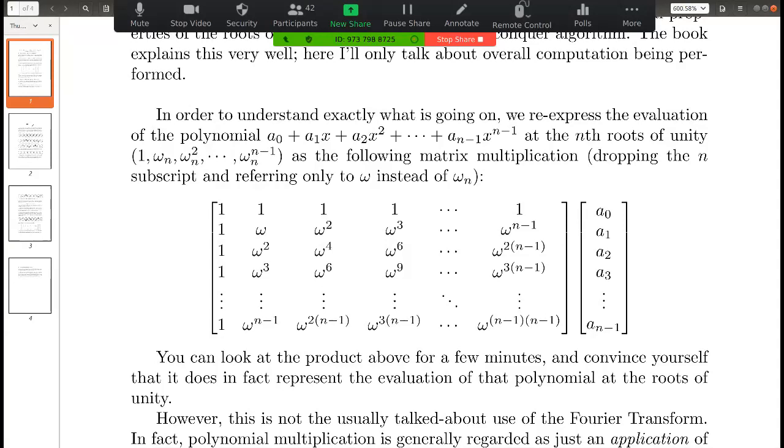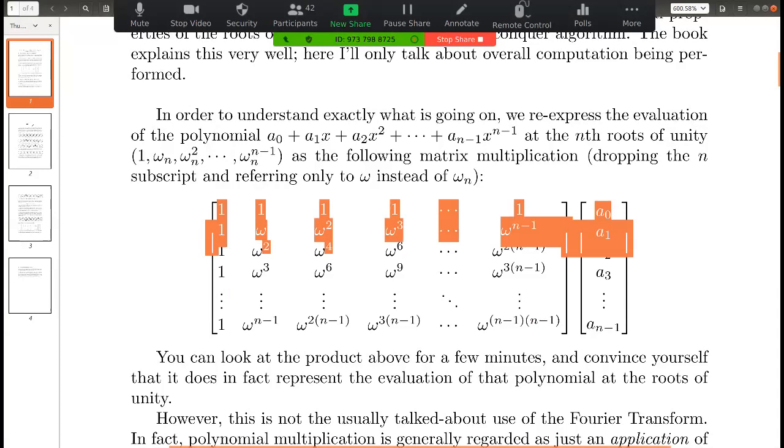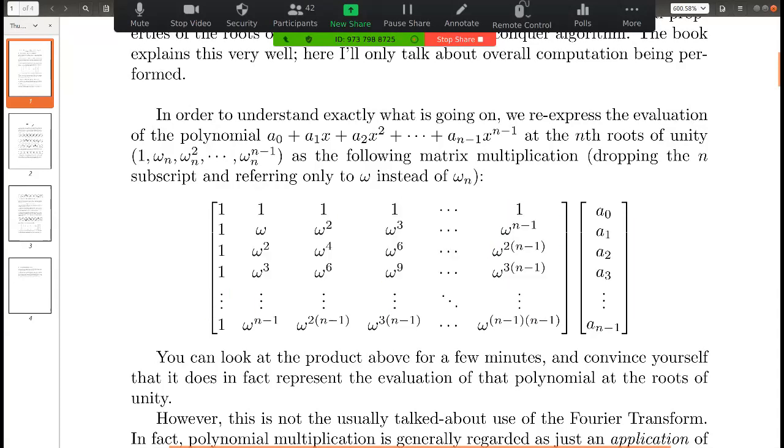When you invert this matrix, you don't get something very similar. This matrix is not quite unitary. It's actually like square root of n times a unitary matrix. So you do have to multiply by 1 over n when you do the inverse FFT, because you've introduced this sort of multiplicative factor by doing the FFT in the way that we do. Questions about that?